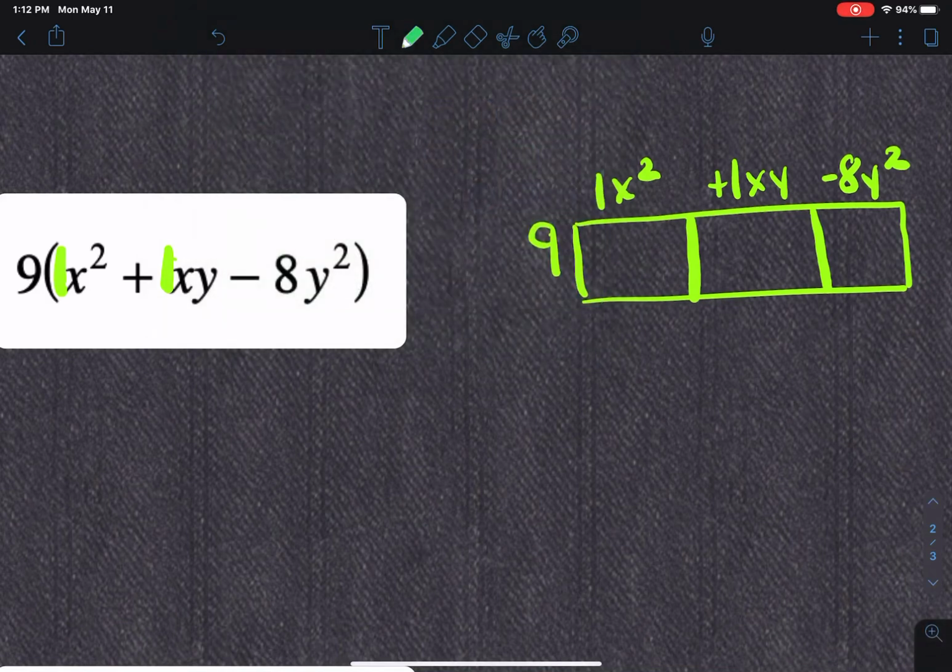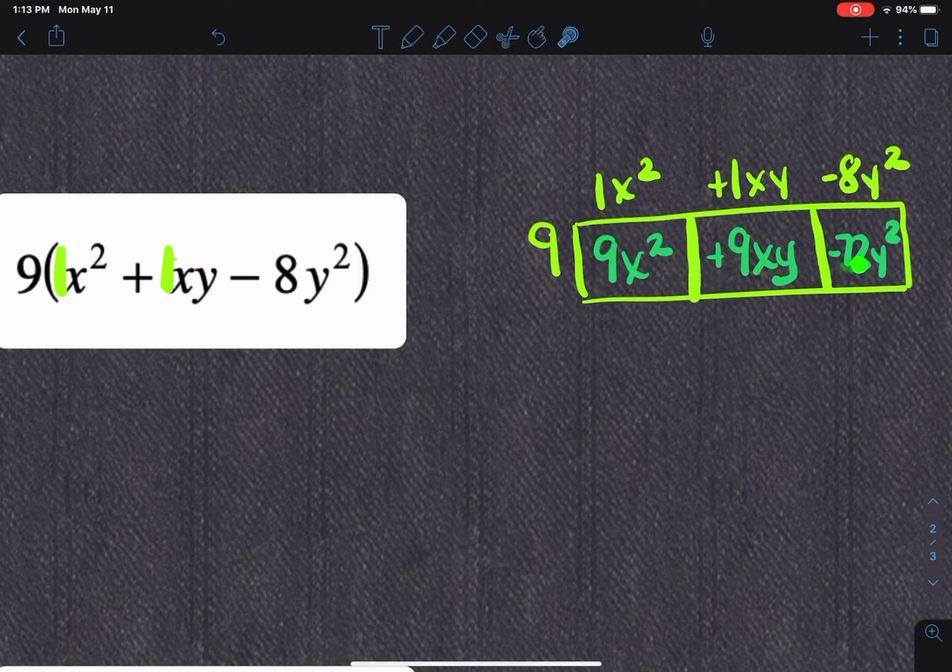Okay, now I'm going to start to multiply them together. 9 times 1x squared is 9x squared. 9 times positive 1xy is positive 9xy. And 9 times negative 8y squared is negative 72y squared.